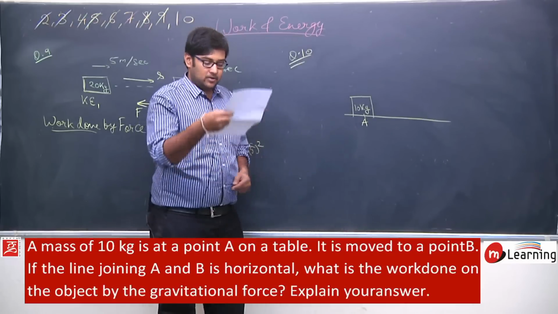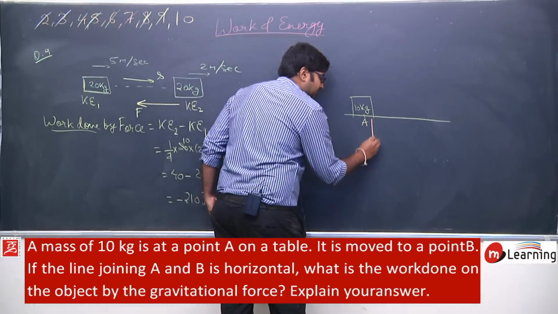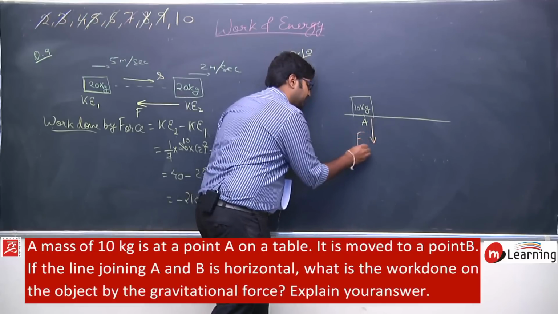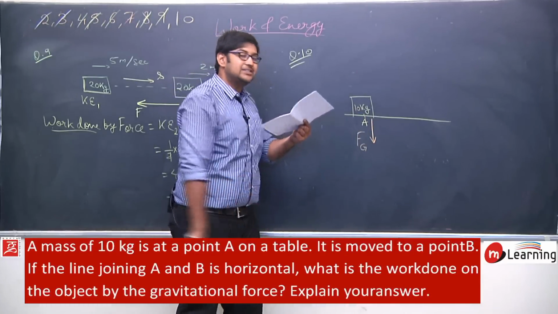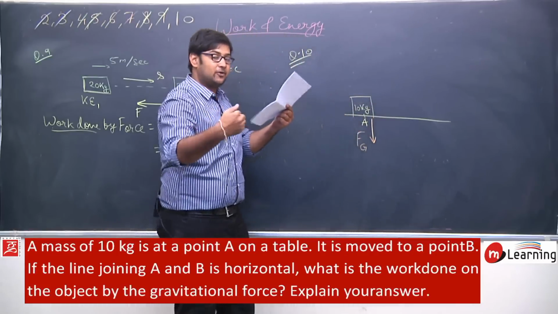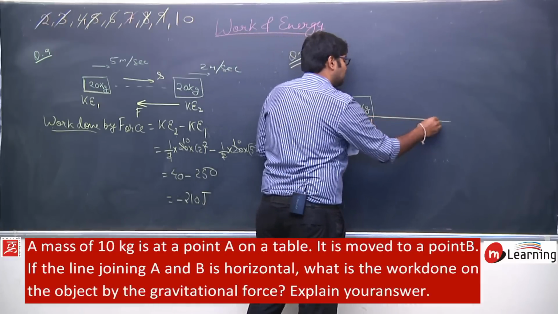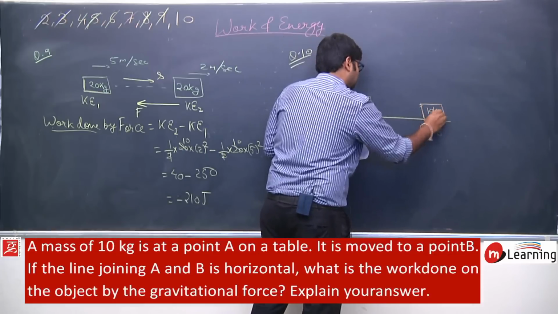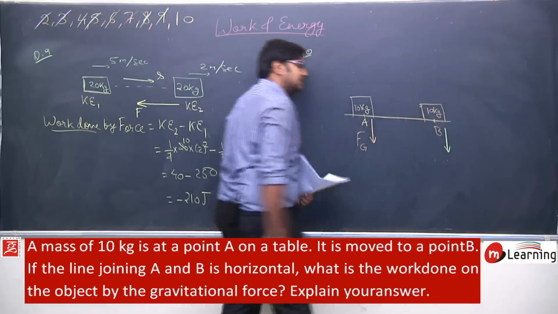Now at this point of time, what is the direction of gravitational force? We can see that the direction of gravitational force is downward. This is the force due to gravity. Now when this 10 kg mass is moved from point A to point B, in this direction horizontally, the direction of force is still downwards.